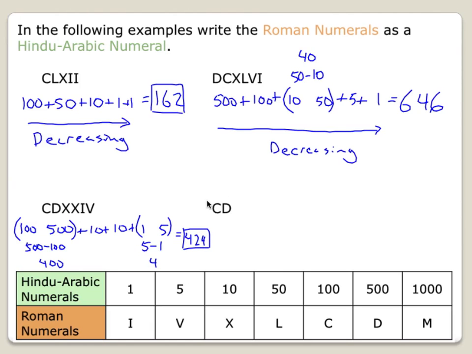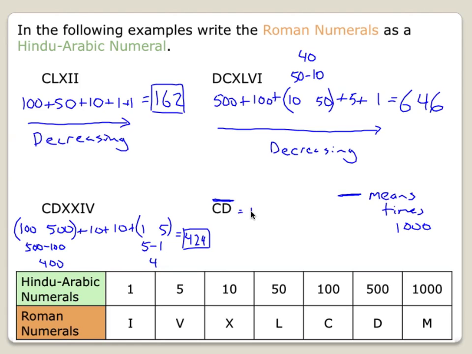Now there's one more rule that they had in the Roman system, and that is if you have a bar over a number, that means times 1,000. So the bar means times 1,000. So here, CD, we already knew that that was 400.